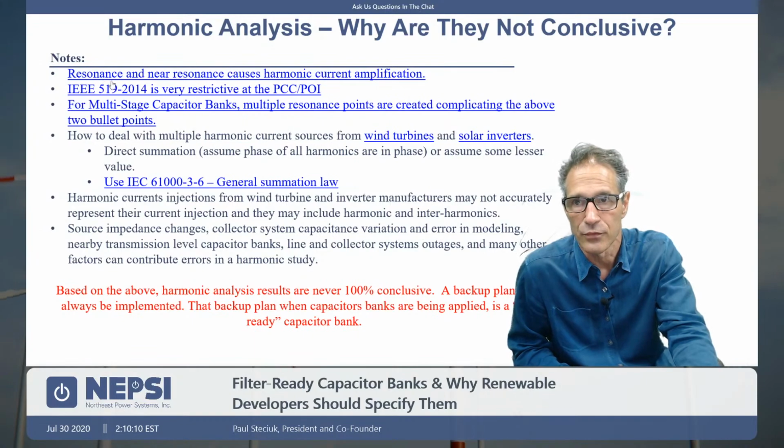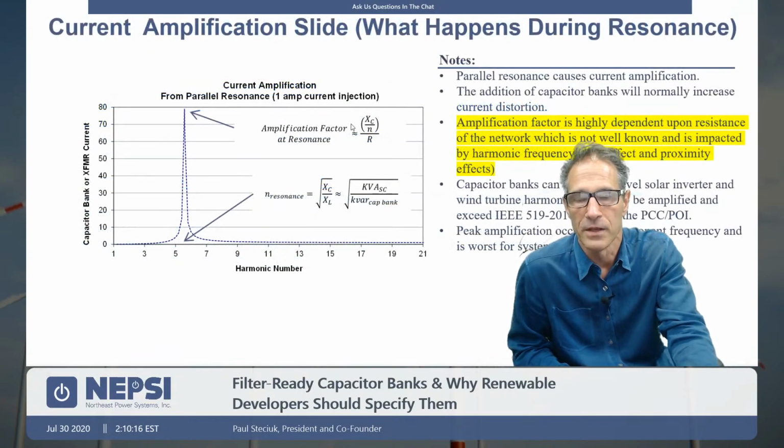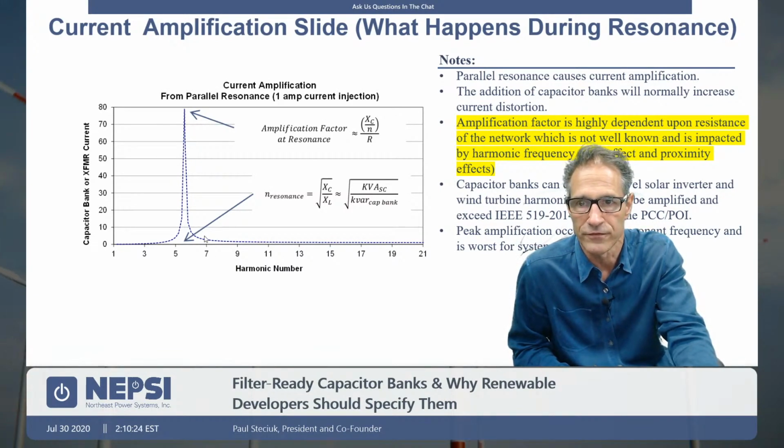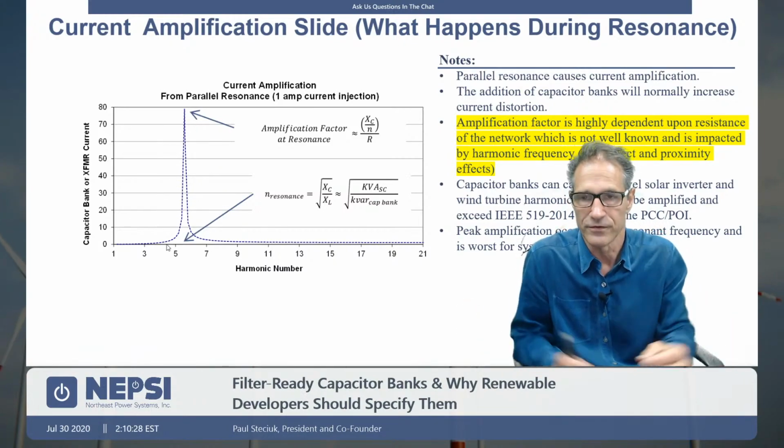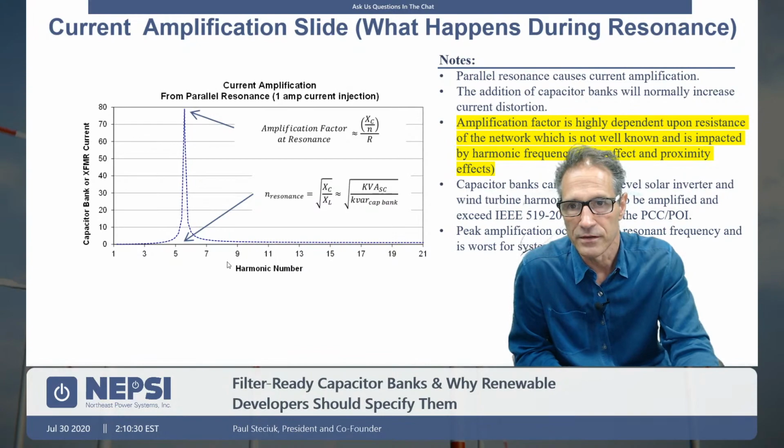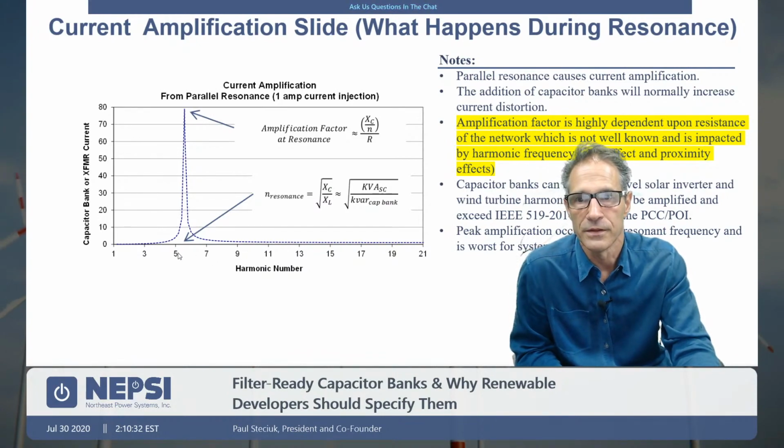So resonance and near resonance causes harmonic current amplification. In another presentation, we talk about harmonic amplification, and here when we have resonance, this plot shows that we have current amplification. The blue curve here represents amplification. If I have a fifth harmonic right at the fifth, I'm going to see an amplification of maybe 2 or 3 times.